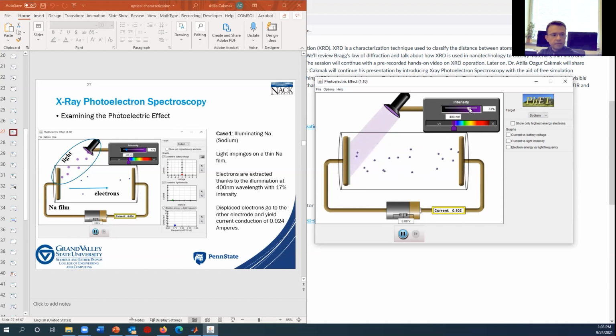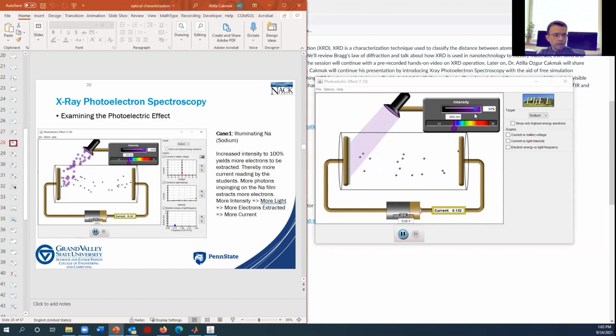As I increase the intensity, of course, I'm going to start capturing more of these electrons. I can show this in terms of the intensity of light, show photons like this. Bombardment. And as the intensity is dropped, of course, I don't have much going on.